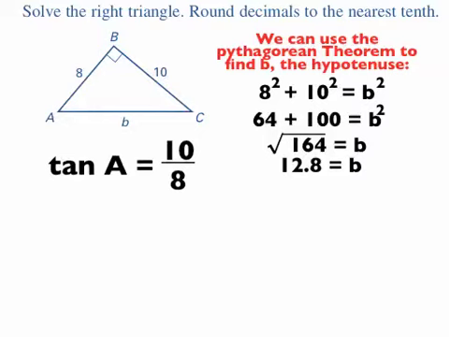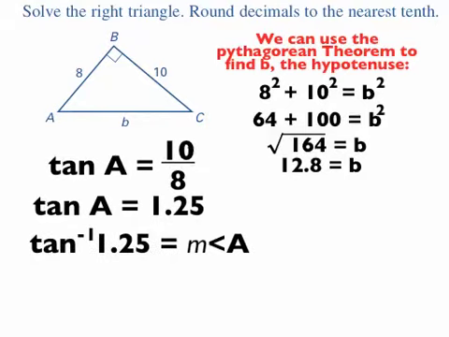To find angle A, we know that the tangent is our opposite over our adjacent. So we say tangent of A equals 10 over 8. Go ahead and divide 10 over 8. So tangent of A equals 1.25. Now we know the tangent is 1.25, so we can take the inverse tangent of 1.25.